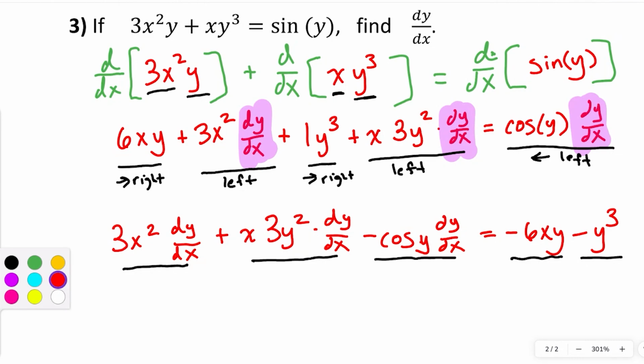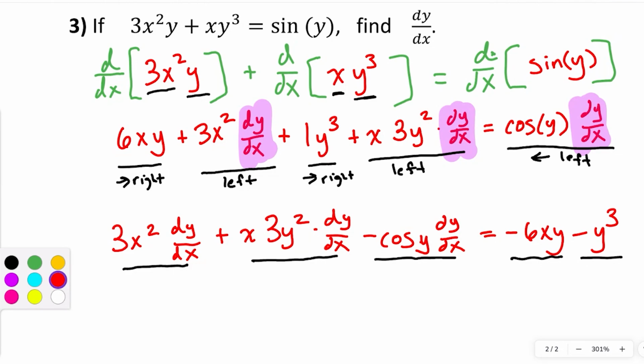I'm happy you said that, because most people will not see it that way, but that is true. Another way to think about it is we're going to factor out the dy dx as a GCF, a greatest common factor. Just pull that out like you're doing distributive property, but in reverse. That's why we're collecting them all on the same side, so that we can do that.